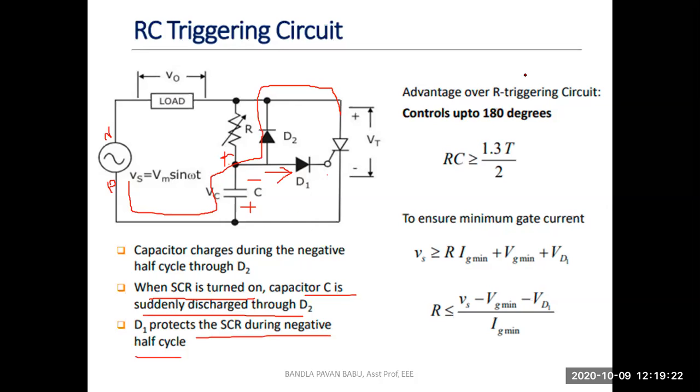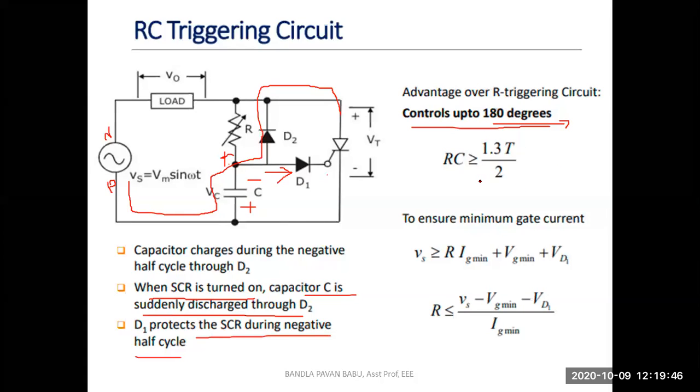And the advantage over the R triggering circuit is that this controls up to 180 degrees. Earlier it was up to 90 degrees, that is 0 less than or equal to alpha less than or equal to 90 degrees. Here it is 0 less than or equal to alpha less than or equal to 180 degrees. So the maximum control is achieved up to 180 degrees.